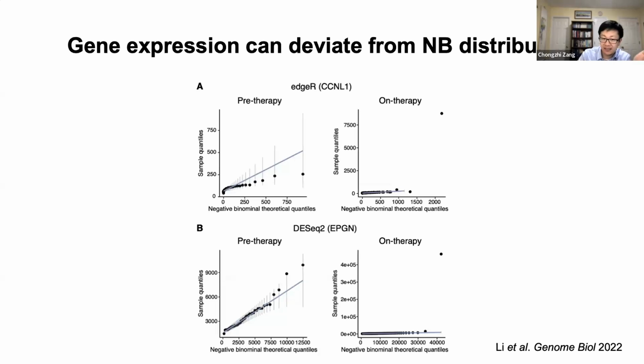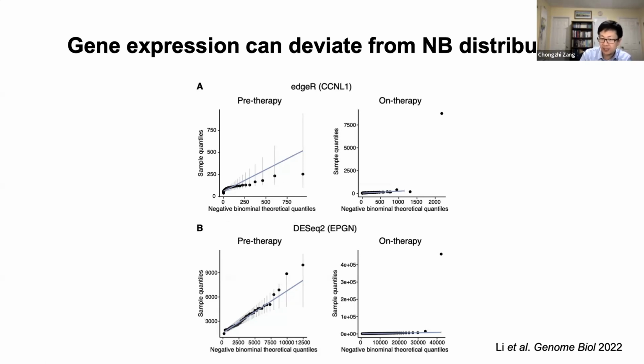And they used a QQ plot to compare the actual distribution of some gene expression with the theoretical negative binomial distribution, and they found that the observed data deviate from the negative binomial distribution.